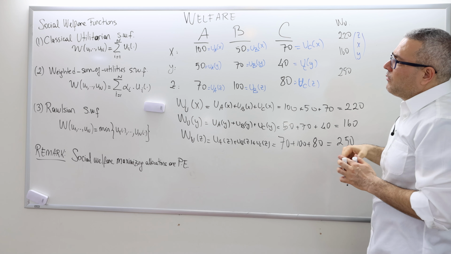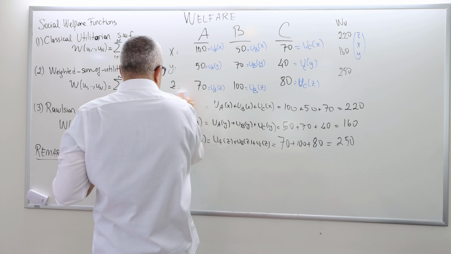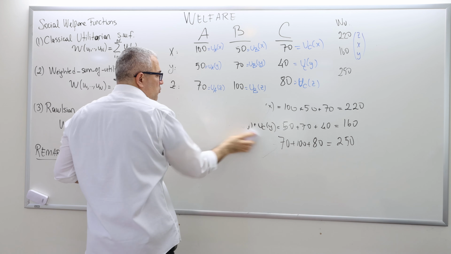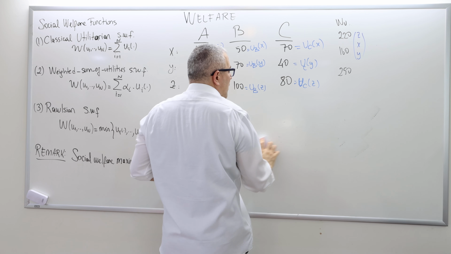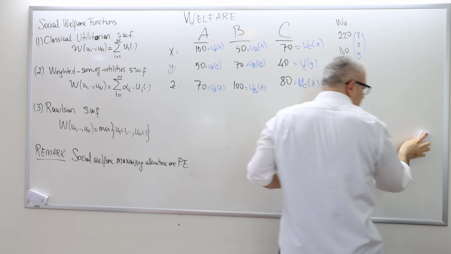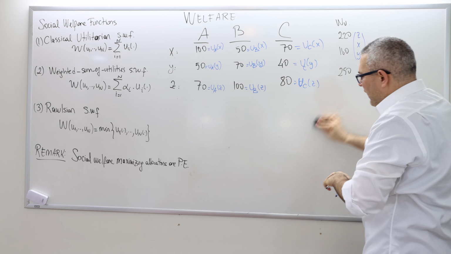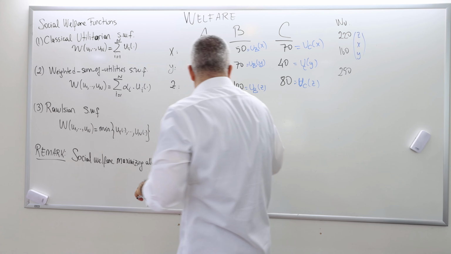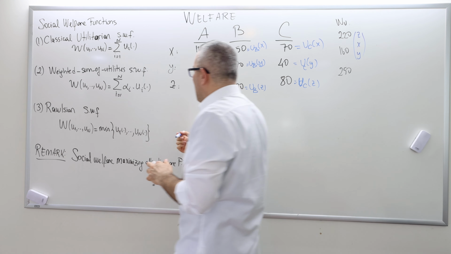Okay, well now let's apply the weighted sum of utilities. Well, for this, in order to be able to use it, I need to define the weights. So what is the weight? Well, don't make it one third, because it's going to give us different values, but exactly the same ordinal ranking between X, Y, and Z. So let's give the following example.